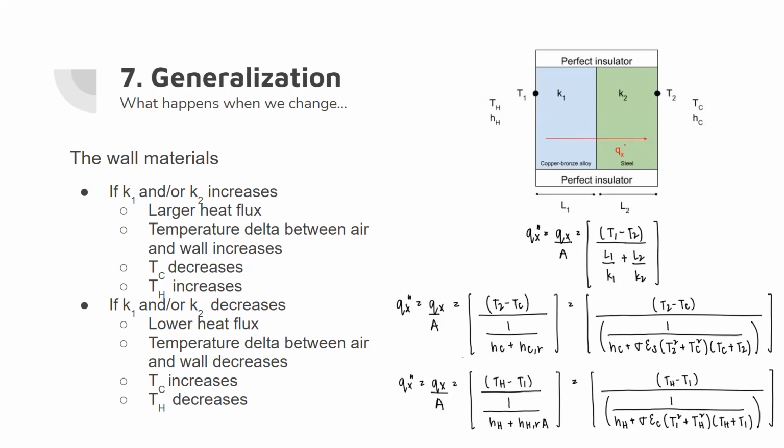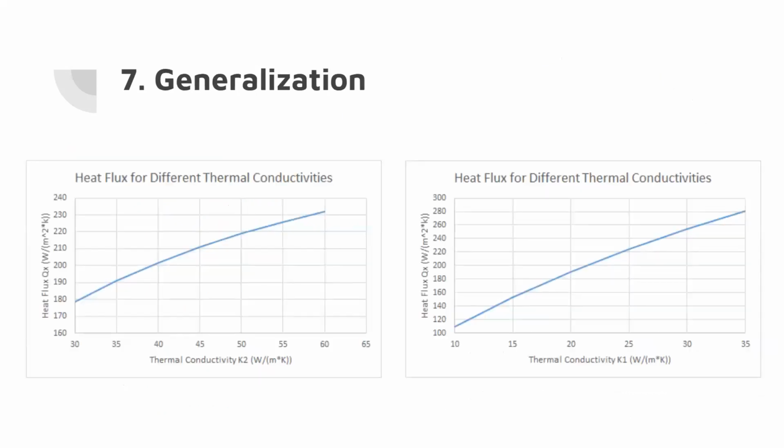And so we have a diagram representing our system, and then the equation, so you can mathematically see why they would increase or decrease. And then we have two different graphs. The one on the left represents K2 and the one on the right is K1, but they look very similar. They're just showing different ranges of values.